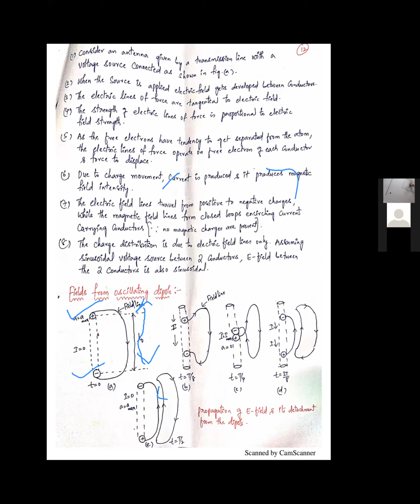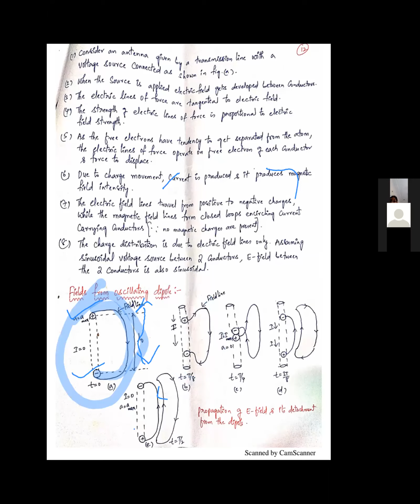Can you compare these two figures? The field lines have changed. See the field line here and the field line here. What is happening at t equal to T by 8? The charges are moving towards each other.